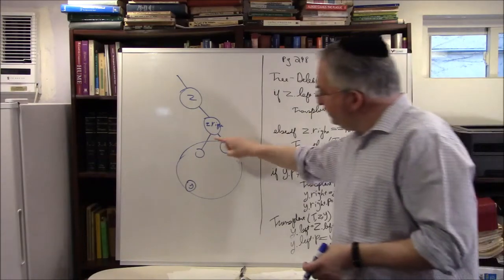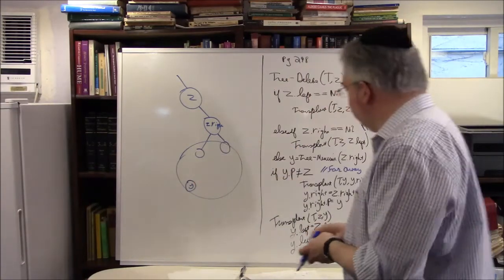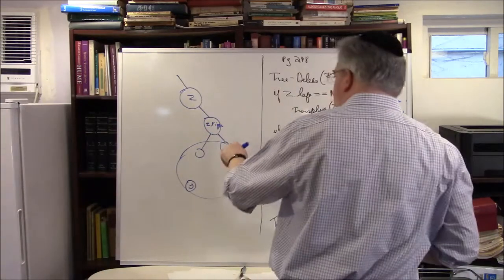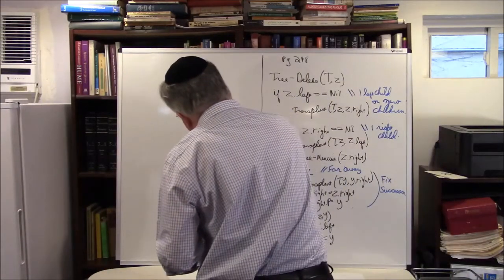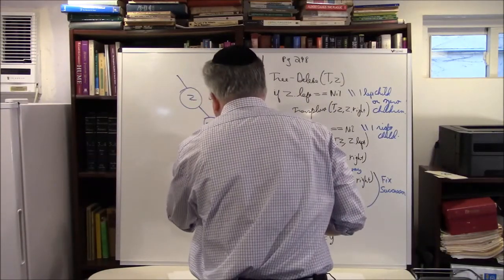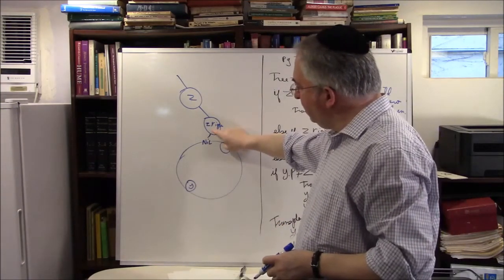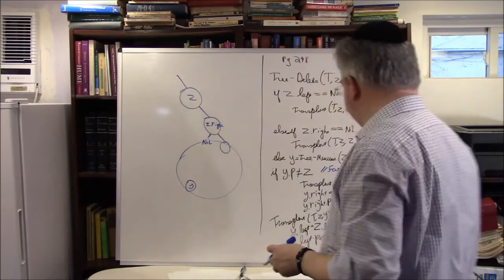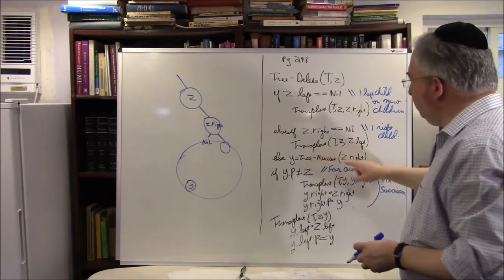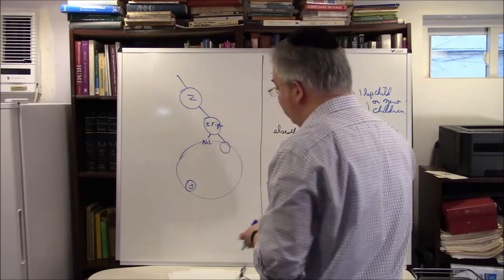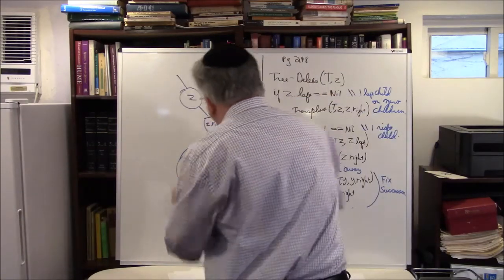Let me just show you when this doesn't happen. If this is nil, then the tree minimum of z.right is here. So in this case, this will be y.